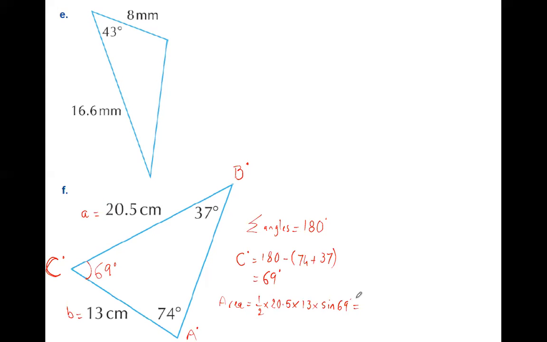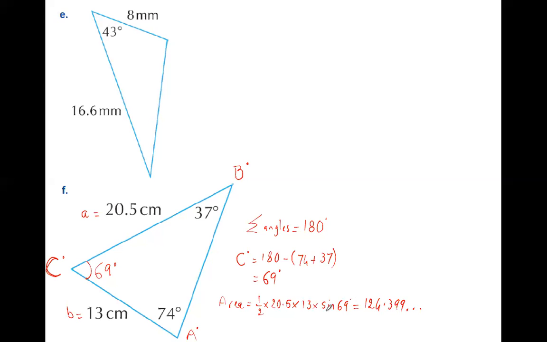So 1/2 times 20.5 times 13 times sine 69. 124.399. So put this to one decimal place, 124.399, and then you put dot dot dot.